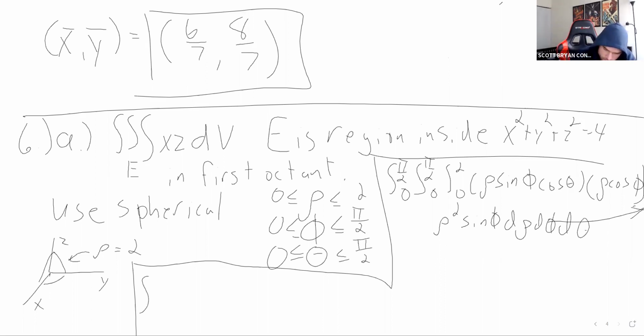And so we get the integral from 0 to pi over 2 for theta, 0 to pi over 2 for phi, 0 to 2 for rho. Okay, so we have rho squared times rho, so rho to the 4. Sine phi times sine phi, so sine squared phi. Cos phi.